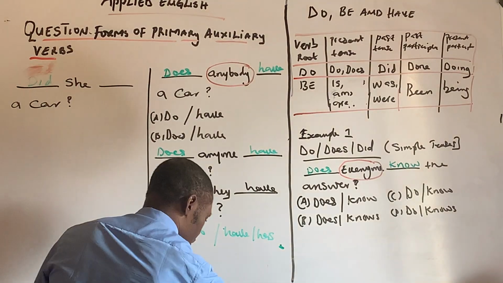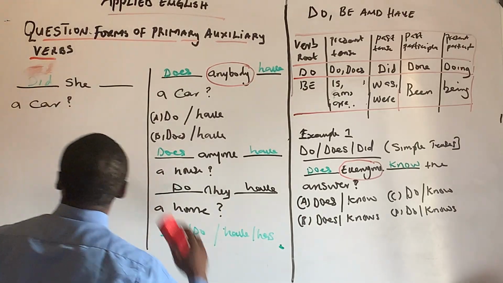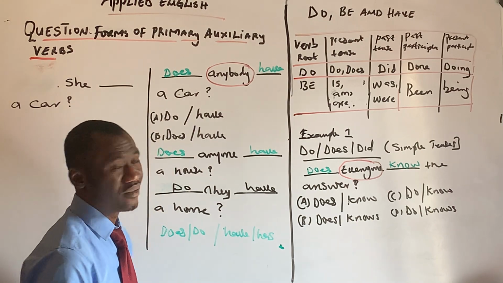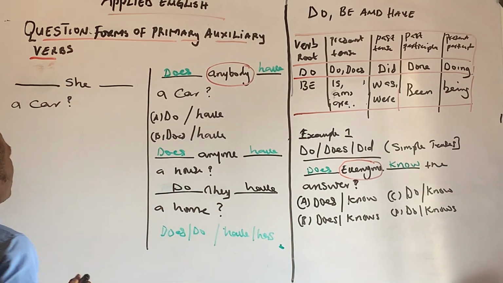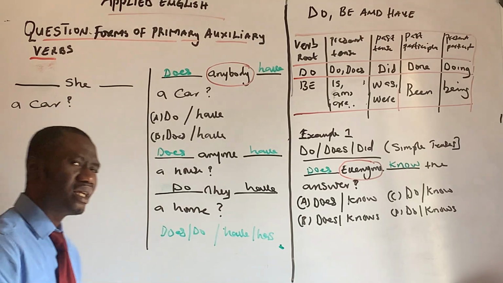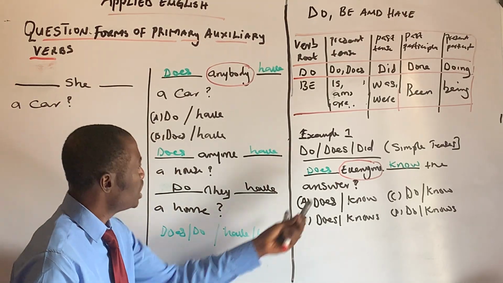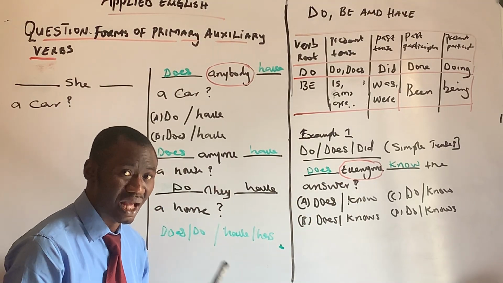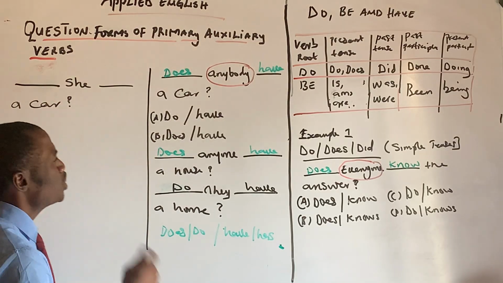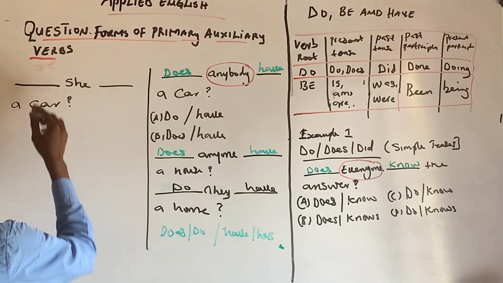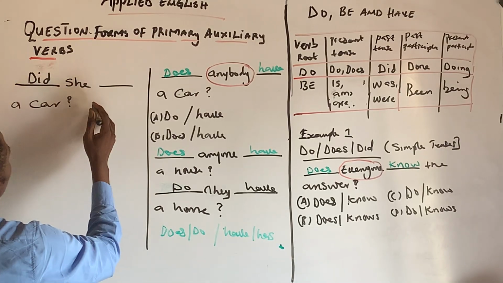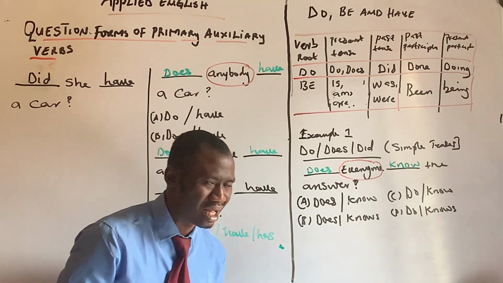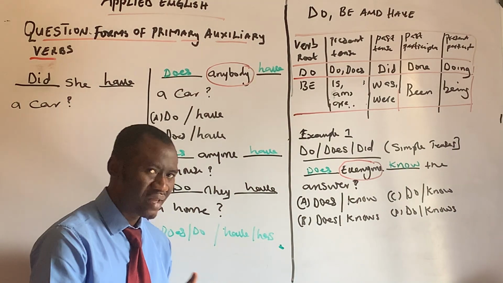All right, what we have here is she. She is a singular subject. And then we can also use: does she have a car? That's the question. But we want to use the past tense did. So this will become: did she have a car? Remember, it's not did she has a car. No, it's did she have a car?